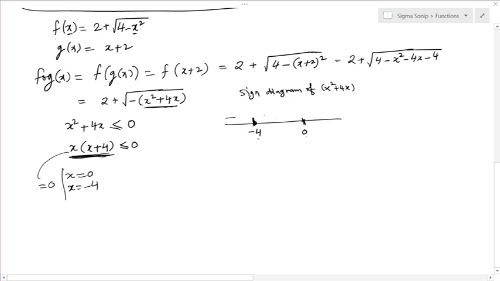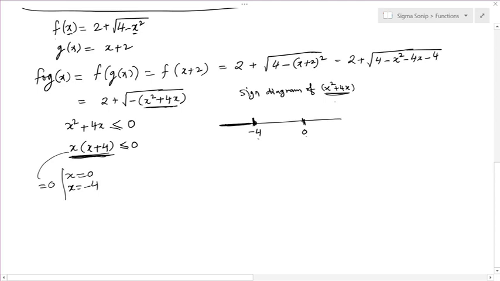One region is here, another region is here, and the third is here. And all we need to do is check the value of this expression with one of the values in each of these regions.